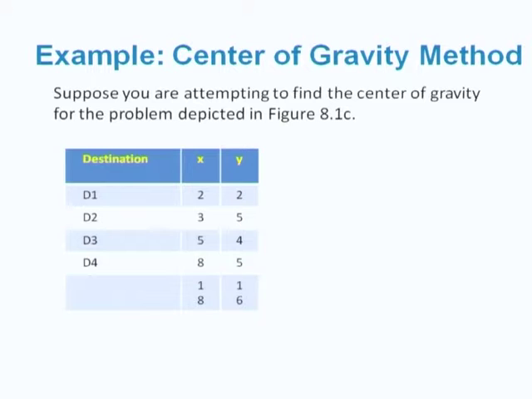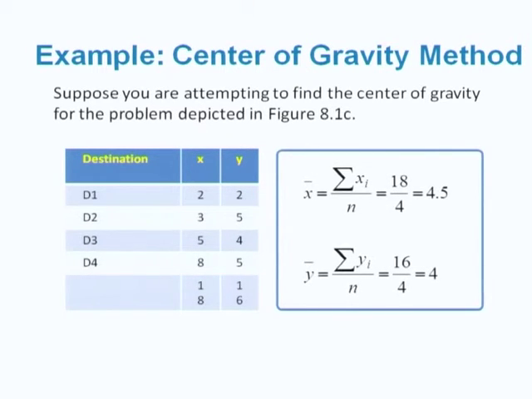For example, D1 has a coordinate of 2 and 2. The sum of the x coordinates equals 18, divided by the number of destinations, which is 4.